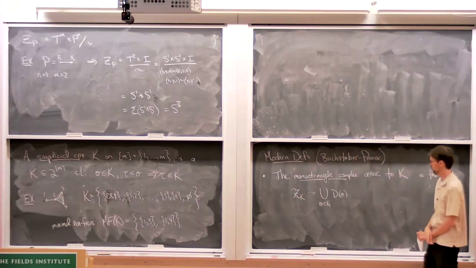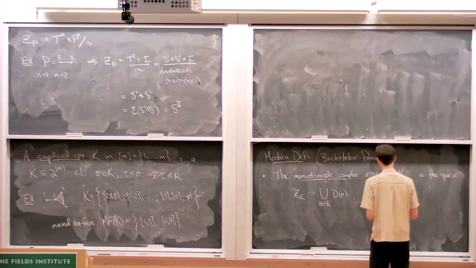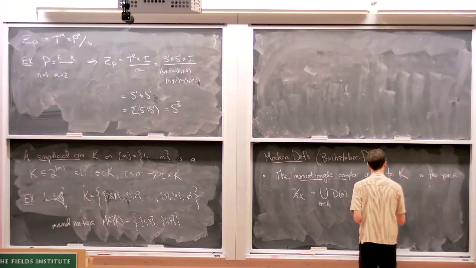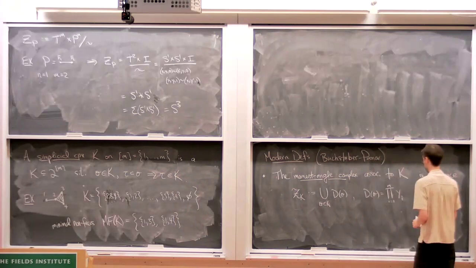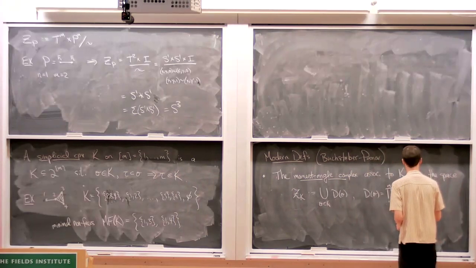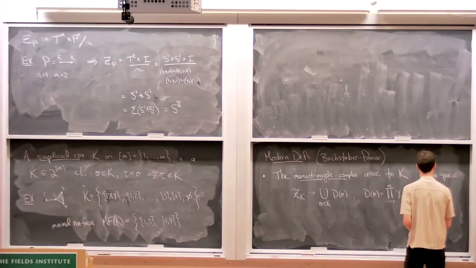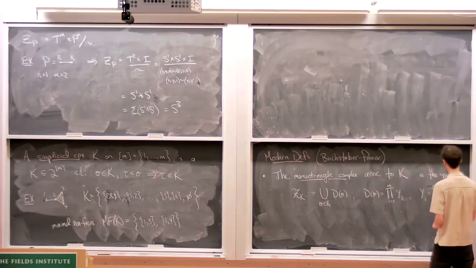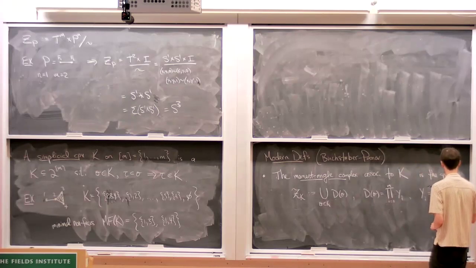For every face sigma, consider the space D of sigma, which is just an M-fold product of Yi's, where each Yi is either a disk if vertex i is contained in sigma, or the circle if i is not in sigma.